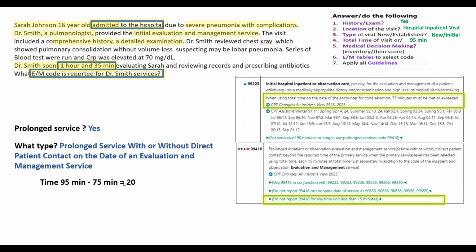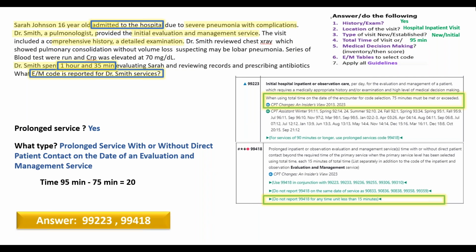We have a forensic coder here saying it can only be billed if it satisfies 15 minutes. Exactly. So the code for this prolonged inpatient visit scenario is going to be 99223 and 99418.